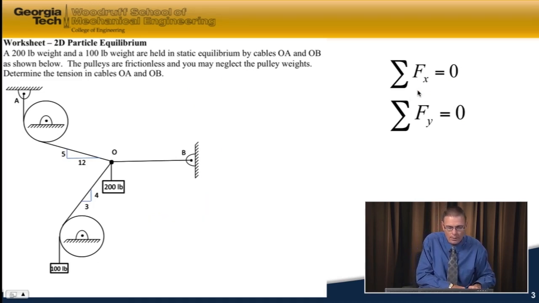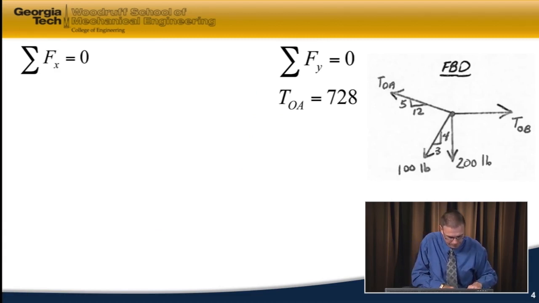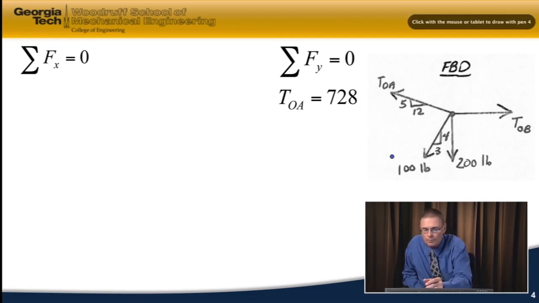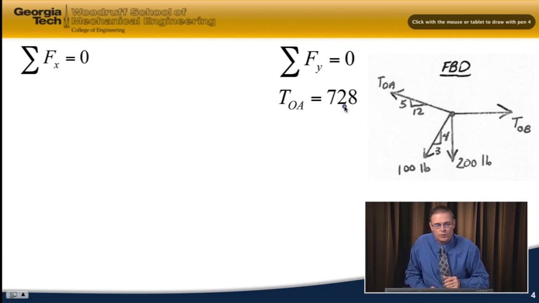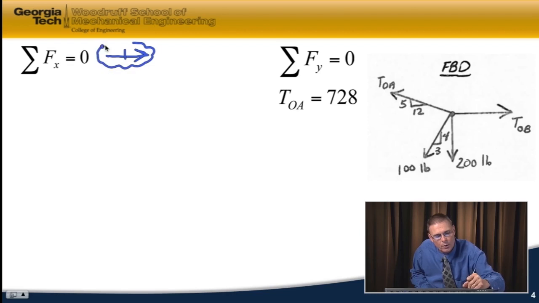And so if I do that, here is a sketch again of my free body diagram. And here's my results from the last slide where I summed forces in the y direction and found TOA was equal to 728. Now let's sum forces in the x direction. I'll choose right as positive for assembling my equation.